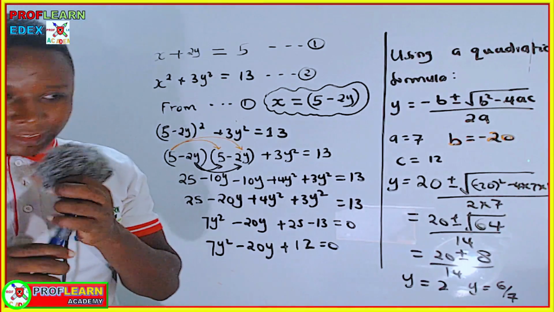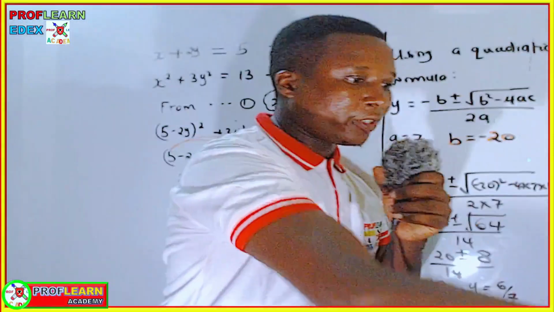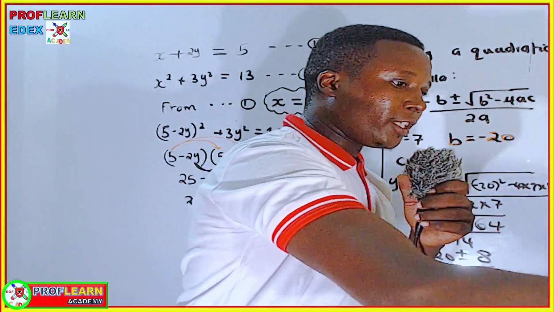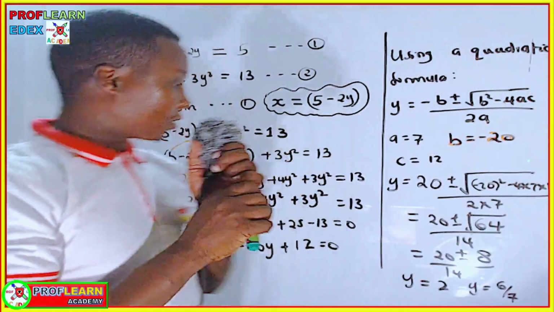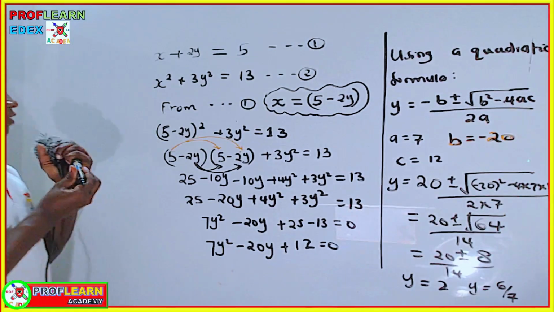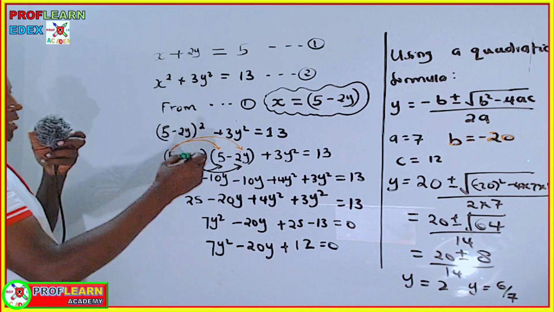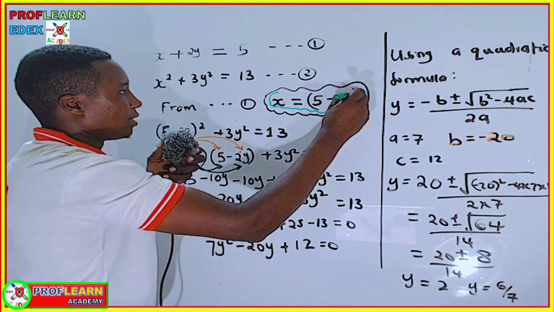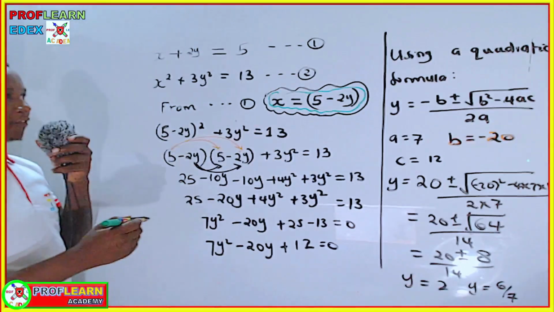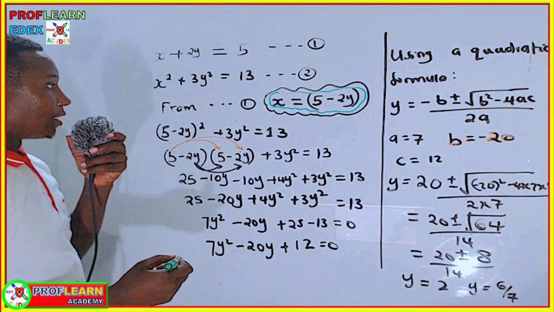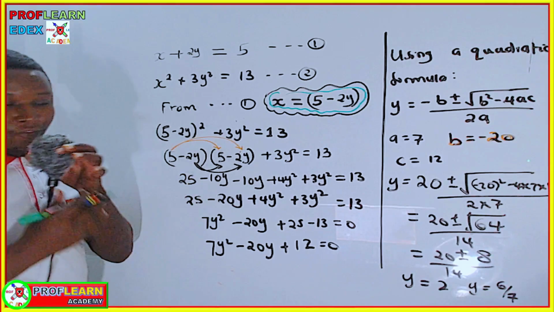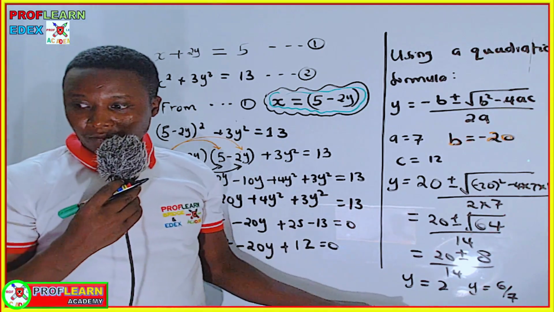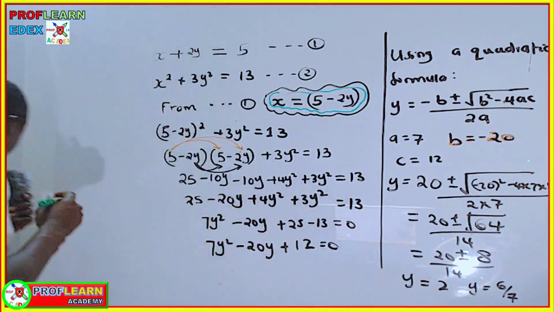The next thing we need to do in order to finish this question is to substitute these values of y into the values of x. Remember, we had said that x equals 5 minus 2y. So we can find the value of x for the corresponding value of y.